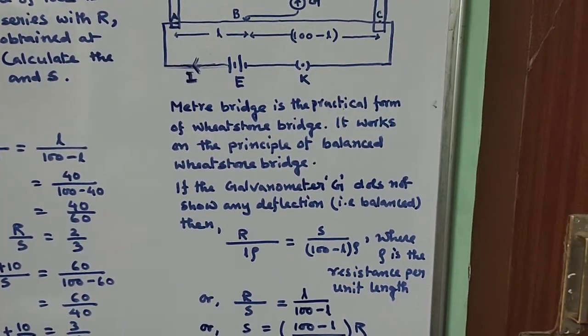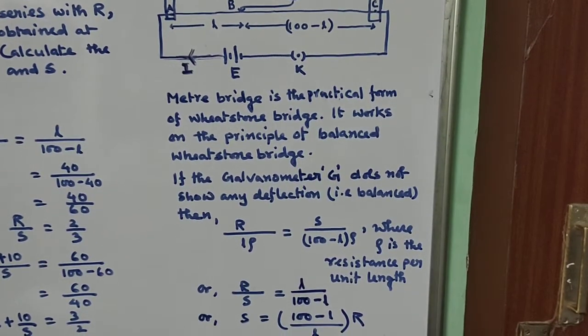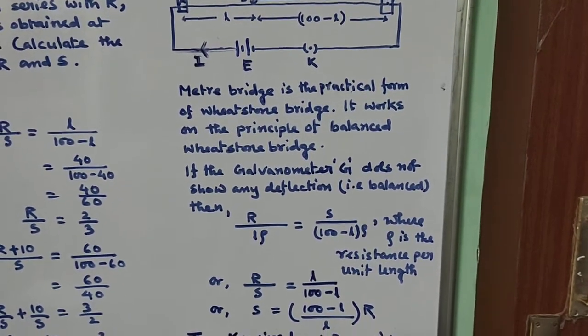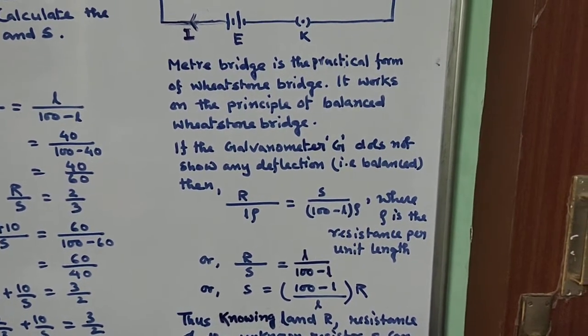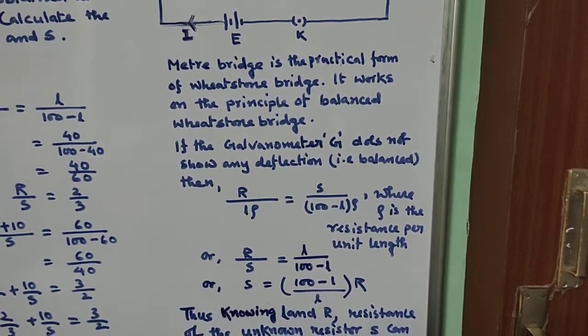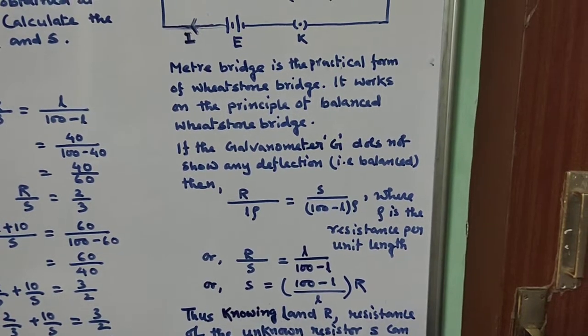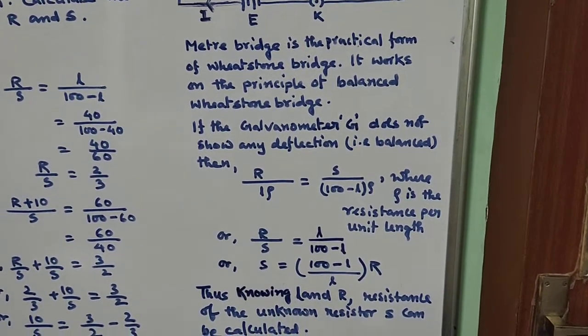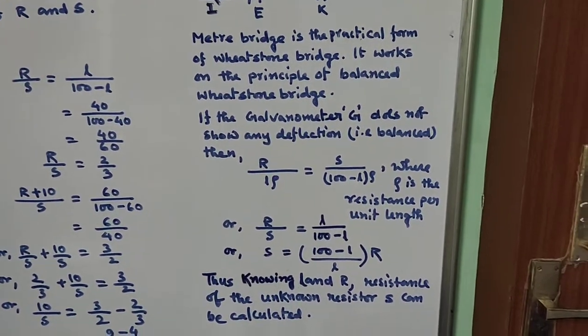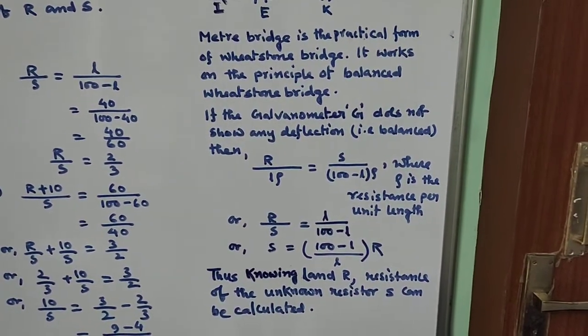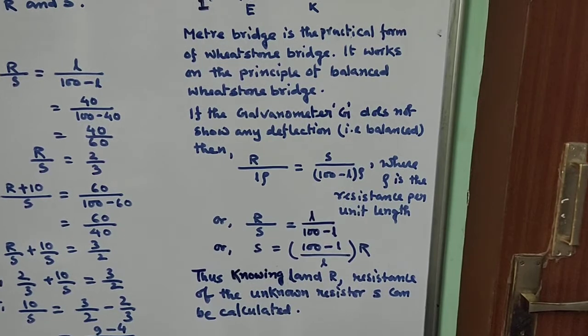If we cancel out rho, you will get R by S equals L by 100 minus L. From here we can calculate S provided we know L and R. So this is a very important formula. S is equal to (100 minus L) by L into R. Thus knowing L and R, the resistance of the unknown resistor S can be calculated.